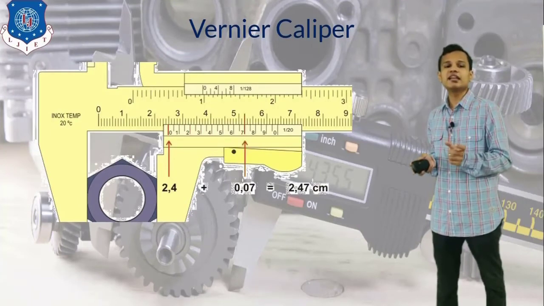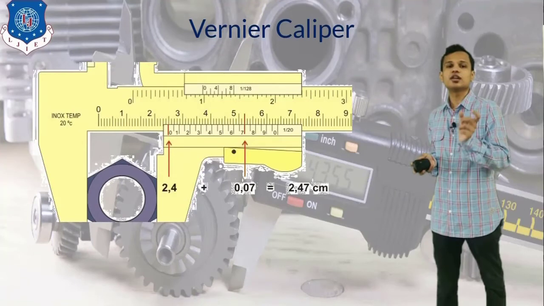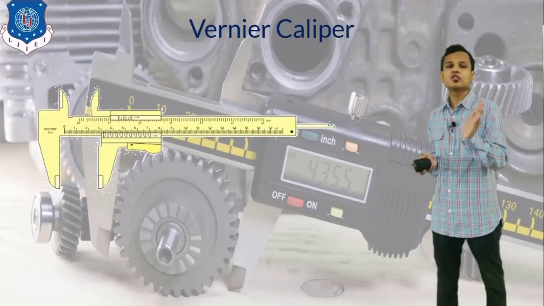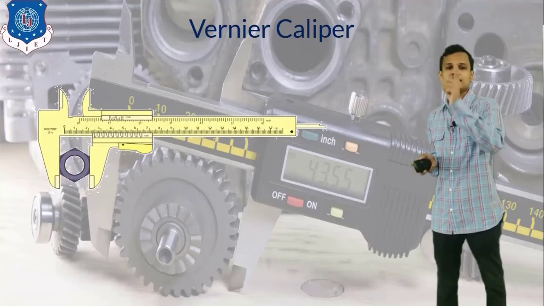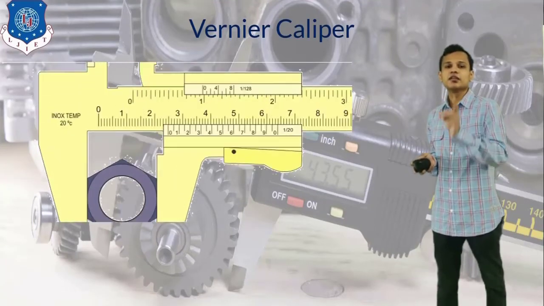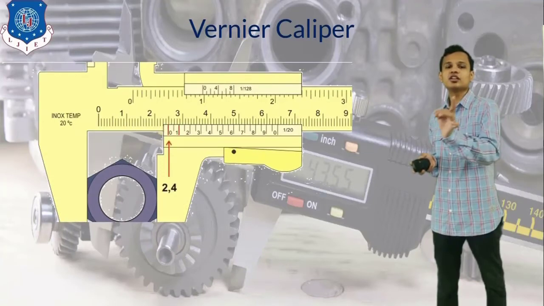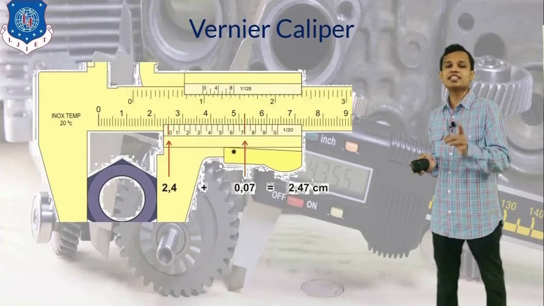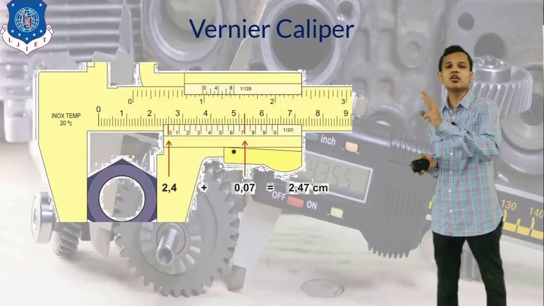The main scale will give the reading in centimeters or in inches, which is 2 in this case, and we can see it also matches with the fourth line after the 2 inches. With that, on the auxiliary or secondary scale, whichever line matches with a line of the main scale will give you the next digit.